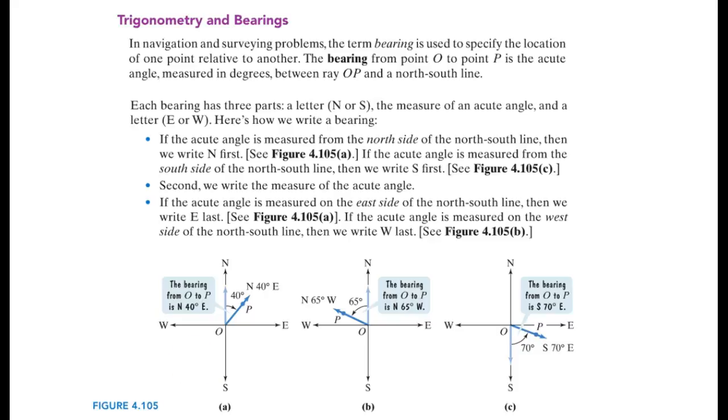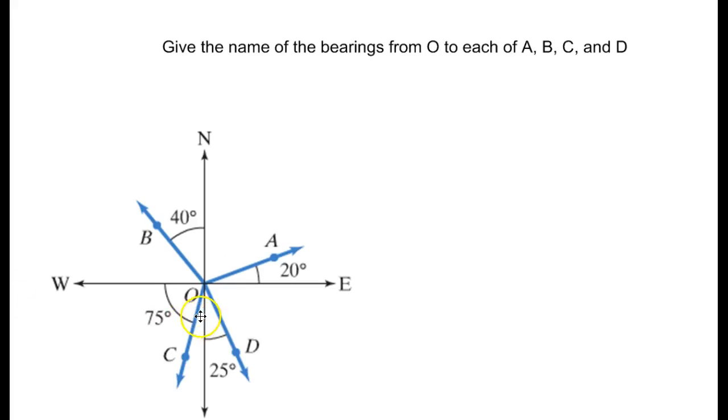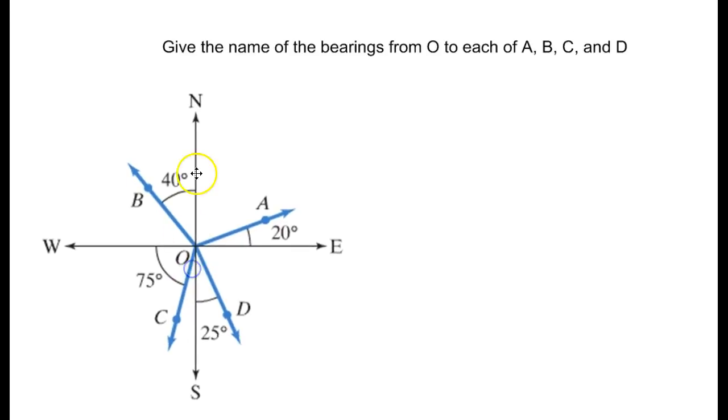That's the important thing. All right, so let's name these bearings that we see right here, starting from A. So here is A. Now this is a 20-degree angle off the east line, but that's not how we do it. Remember, we always say it off the north line.